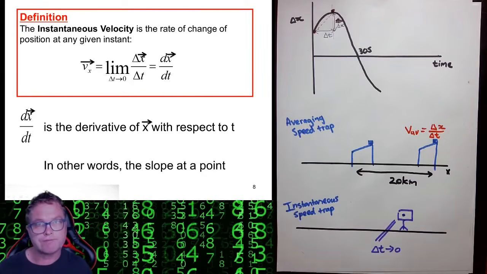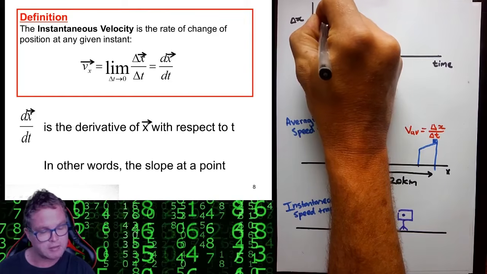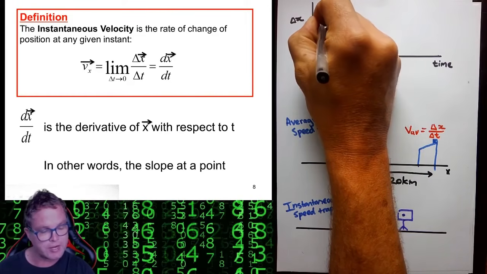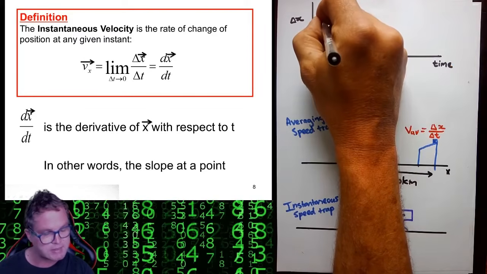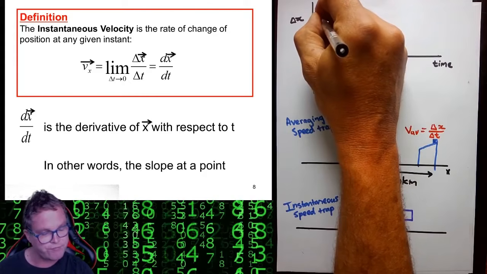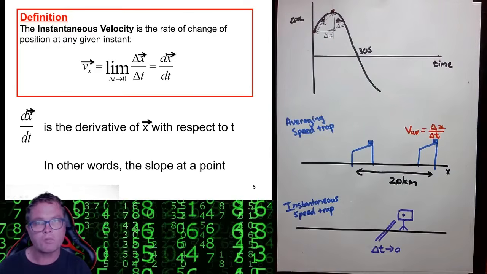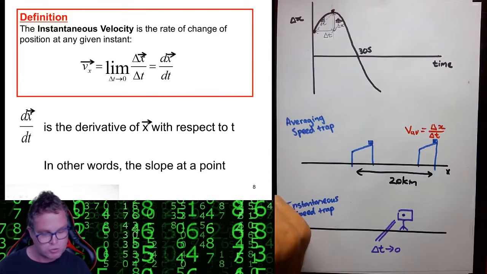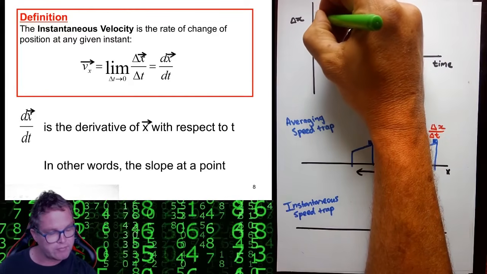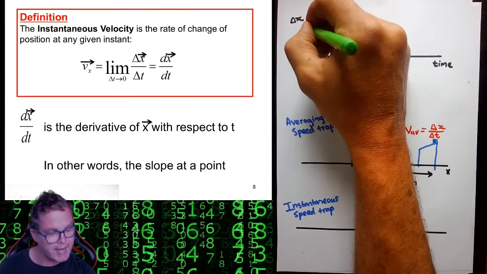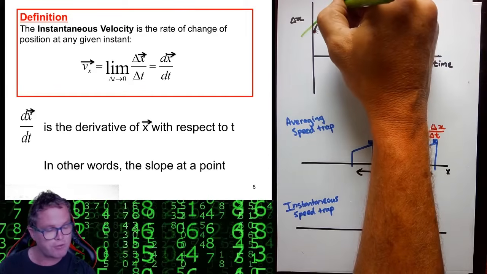Another way of drawing that short period of time in the graph would be to draw a very little triangle, a tiny baby triangle. Then this delta t at the top becomes very, very small, and we get a very small triangle. And then it turns out that the gradient of the line that results from this consideration is precisely the gradient of the graph.